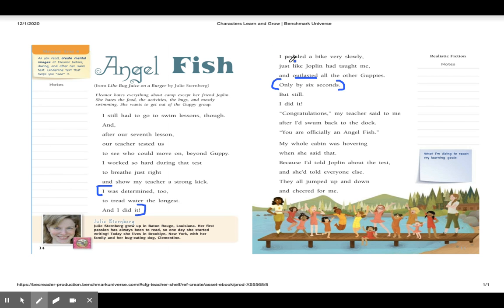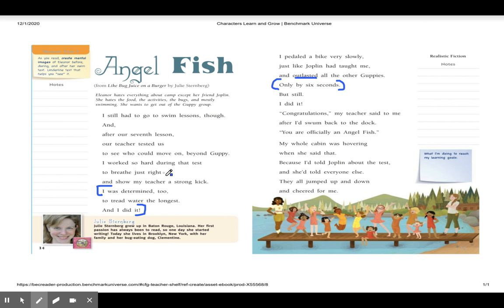And then we go back and we read the sentence before. I pedaled a bike very slowly, just like Joplin had taught me, and outlasted all the other guppies, only by 6 seconds. So we can tell by these context clues that she pedaled her bike very slowly and that she outlasted all of the other guppies, and that is why she moved on to being an angelfish.